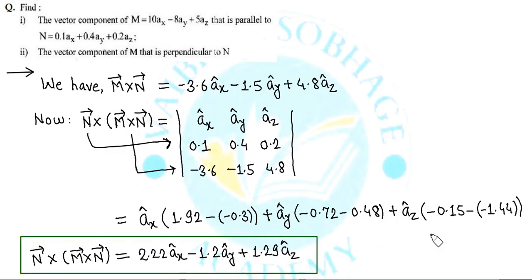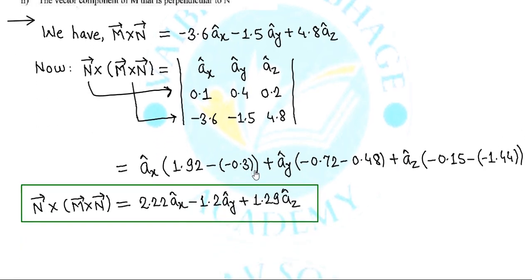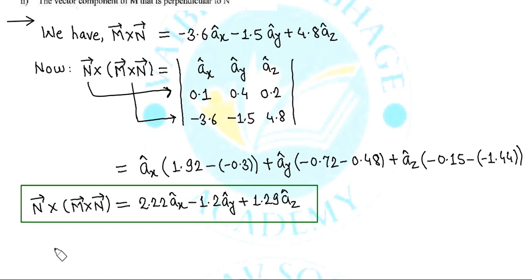Okay, now we will move on to the next part. And yes, here itself we are going to write what is the magnitude of that vector n. As we know, the magnitude of a given vector is nothing but the square root of the sum of the squares of their magnitudes along x, y, and z direction for a rectangular system.